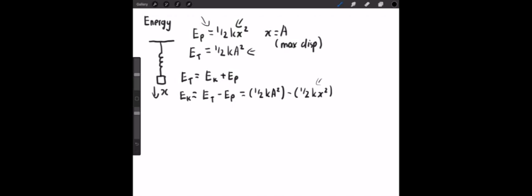Now, I can obviously simplify these two things down. So that will give me 1/2 k (A squared minus x squared). Remember, A is the amplitude, and that is the point of maximum displacement. So it's not quite the same as x.